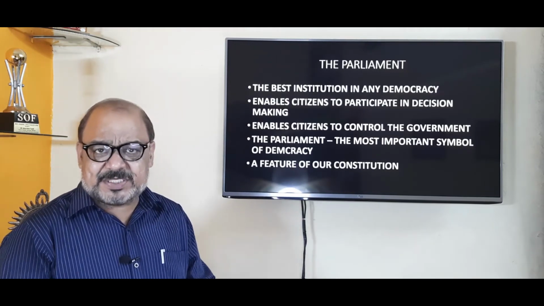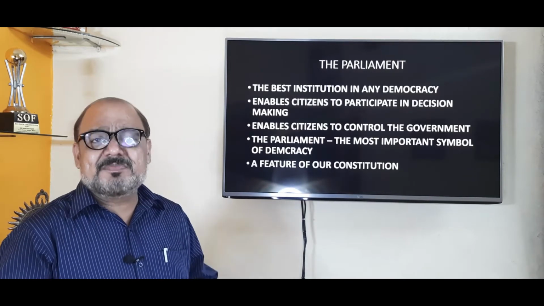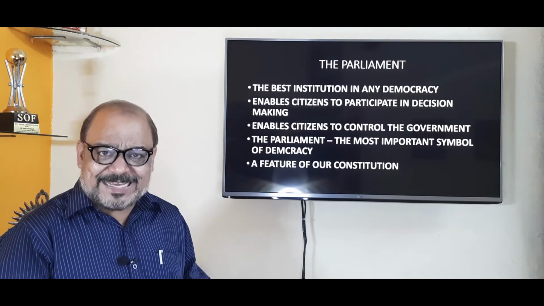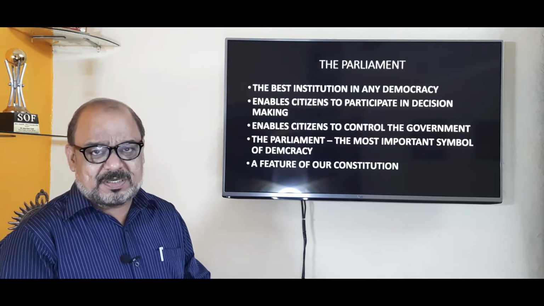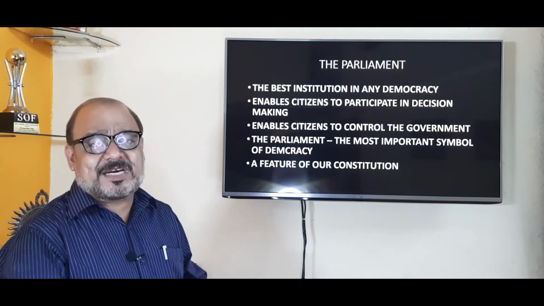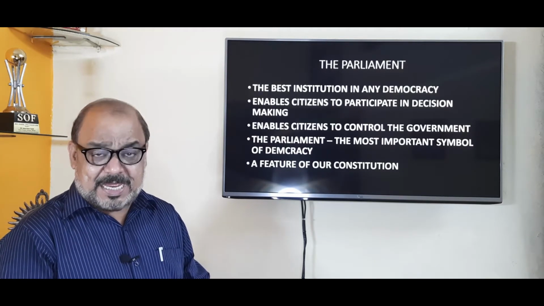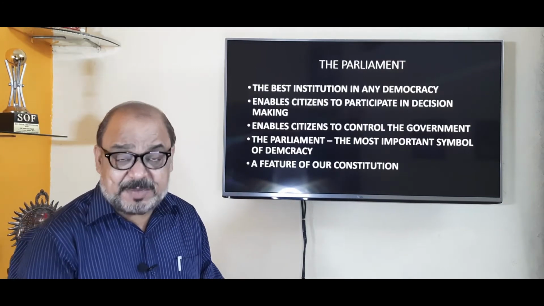As we have discussed earlier, in the parliament, the members are elected directly or indirectly by the citizens. Like in our parliament, in the Rajya Sabha, members are indirectly elected by people, and in the Lok Sabha, members are directly elected by the people.